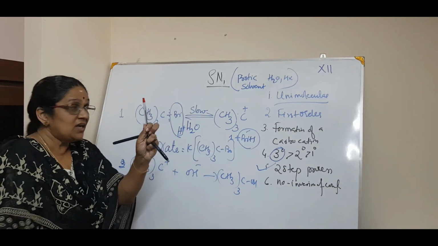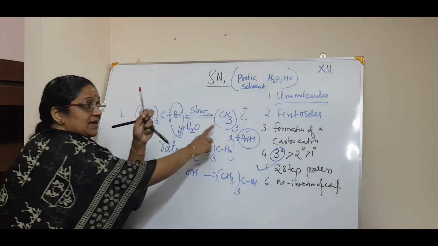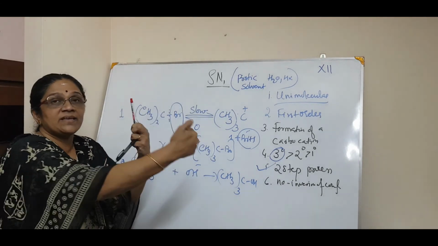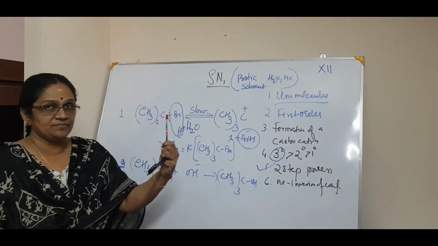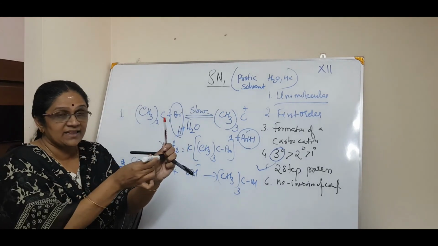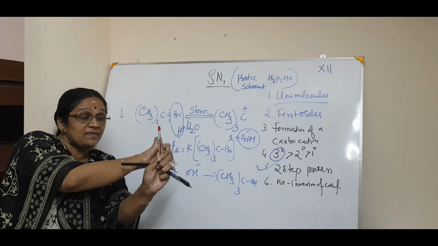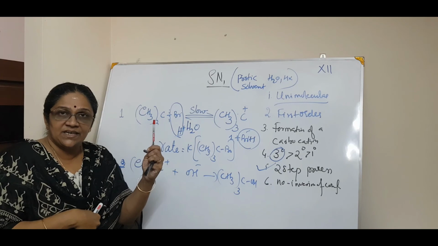So the sp3 tetrahedral shape is getting into a planar shape. And then simply the OH minus can attack from the two sides, right? See, this is planar, so it can come like this without any difficulty. At the same time, the OH minus can come from the other side also, because it is not tetrahedral. The steric effect comes otherwise, isn't it?